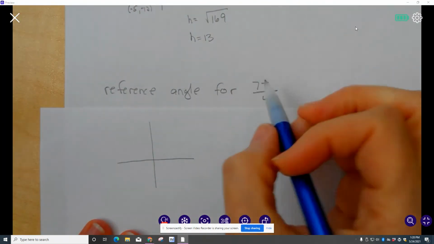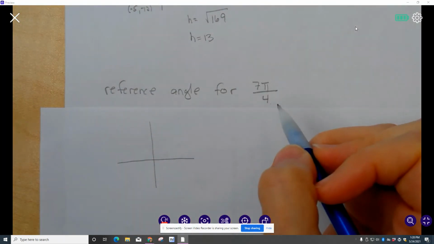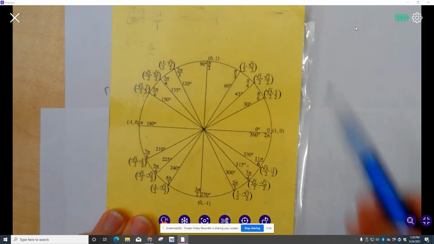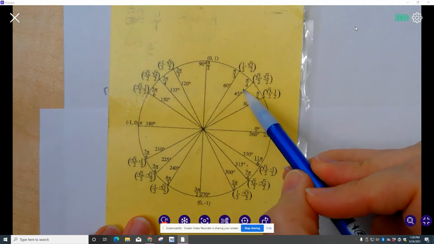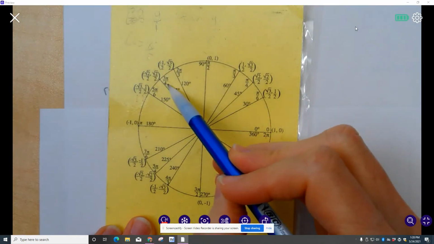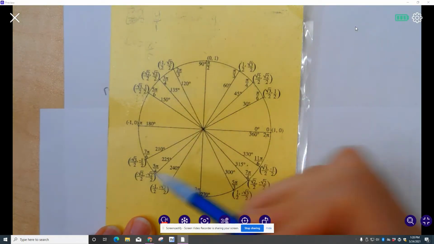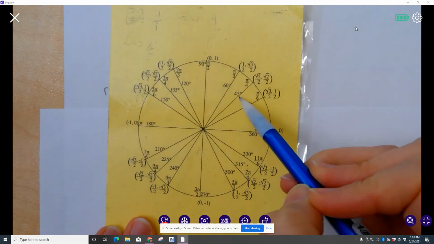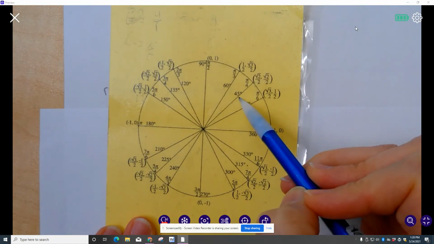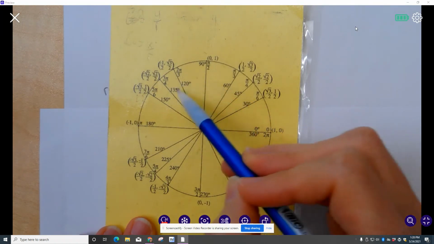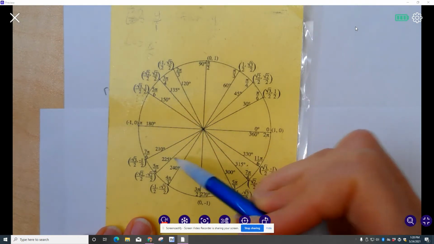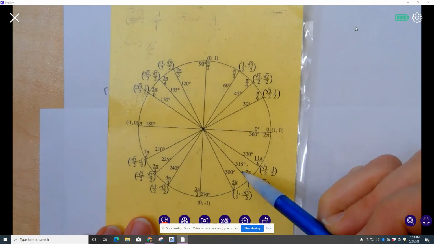But for any radian measure with a 4 on the bottom, I'm going to pop in a unit circle here quick. You'll notice these radian measures with a 4 in the denominator are all a form of a 45-degree angle. So this is pi over 4, this is 2 pi over 4, this is 3 pi over 4, this is 4 pi over 4, 5 pi over 4, 6 pi over 4, 7 pi over 4.